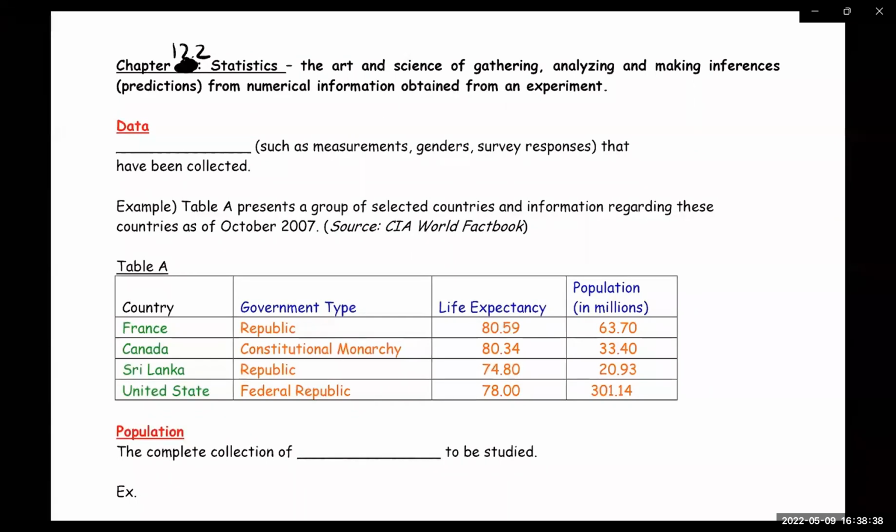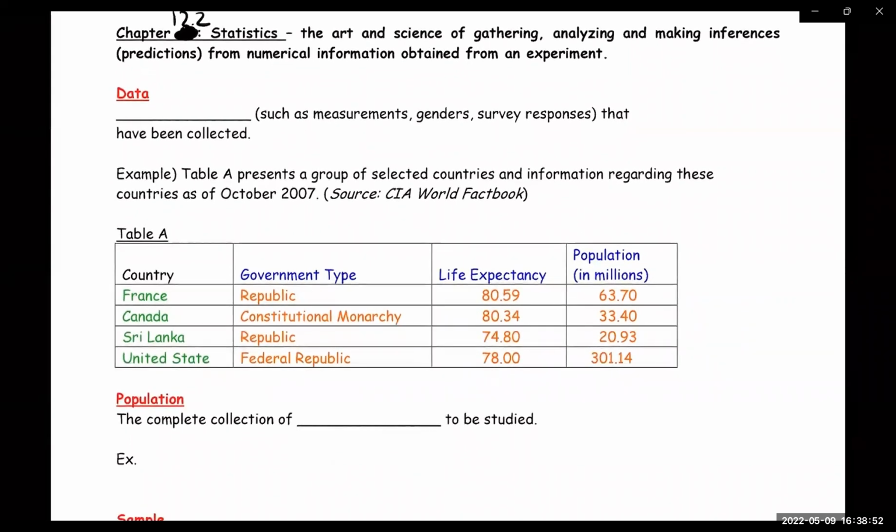I'm trying to think of what they want us to write in that blank. All right, well, let's just leave that blank. Data is items that have been collected, I guess. Or information that has been collected. Sorry, information such as measurements, gender, survey responses that have been collected.